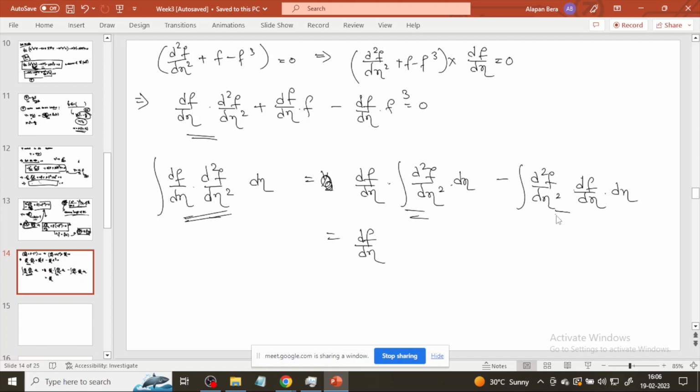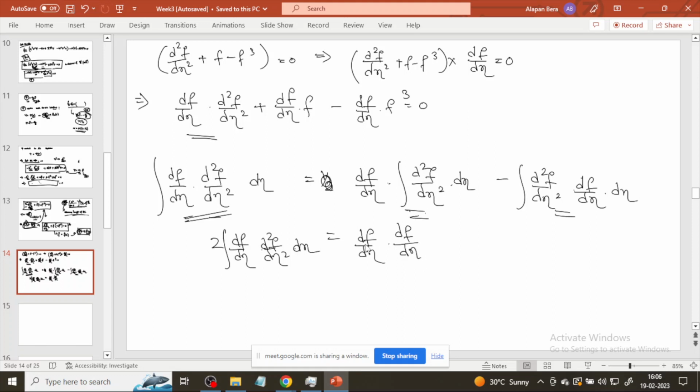You can see that these two terms are the same, so we can take these two terms to one side, df by d eta into d square f by d eta square d eta, or we can write the total term.